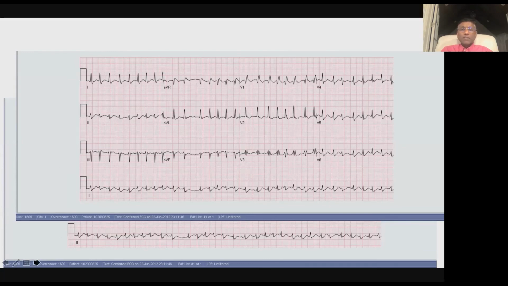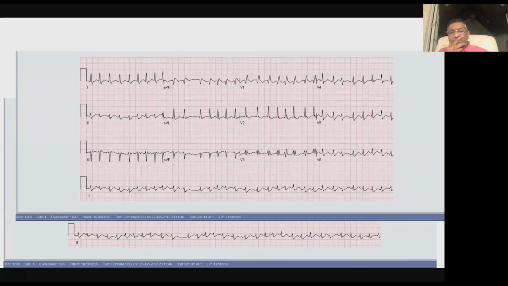Okay. Let's get a quick volunteer on this one. Sakshi, would you like to take this? Yes, sir. This looks like a sinus tachycardia with, it's irregularly irregular. Okay, just a second.